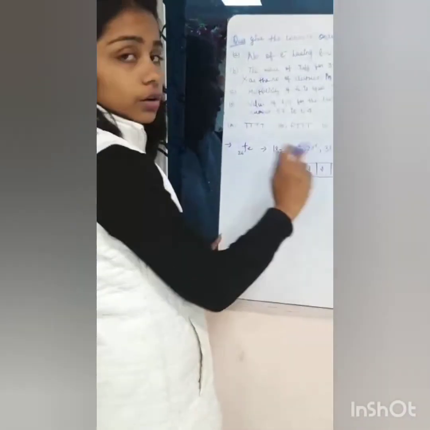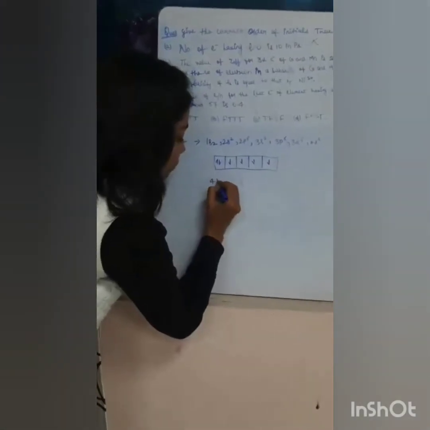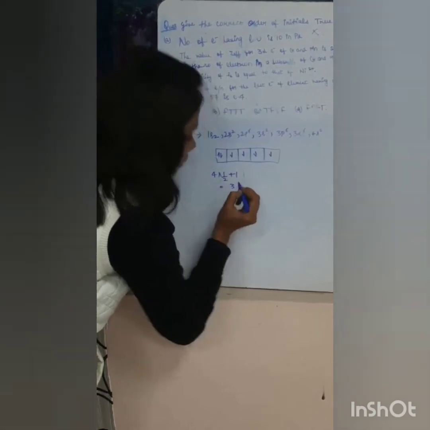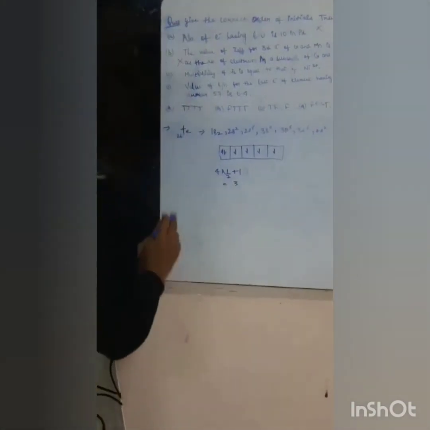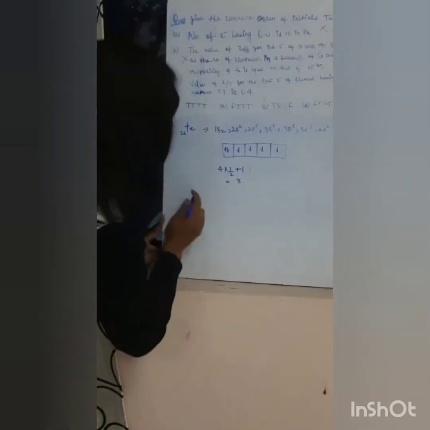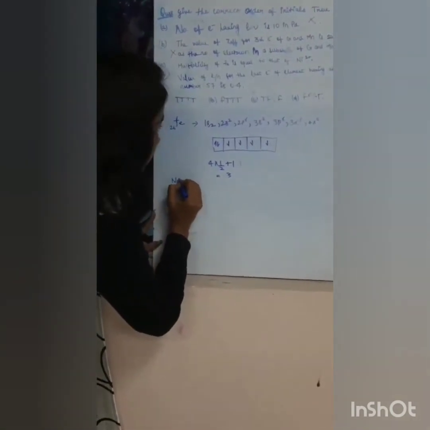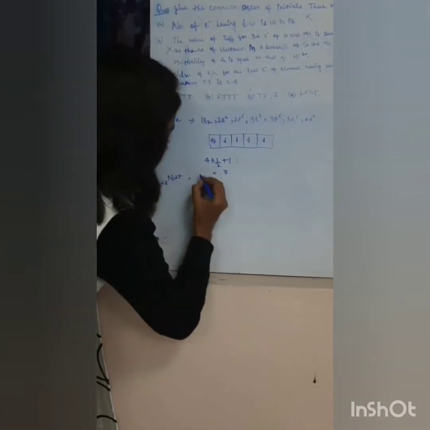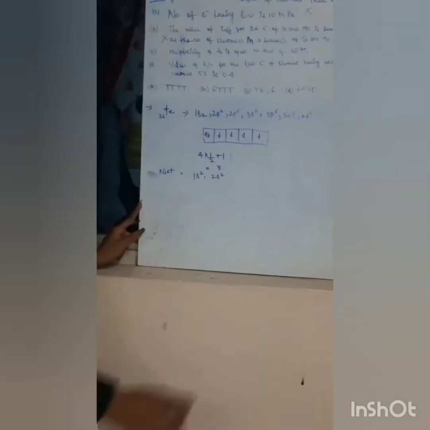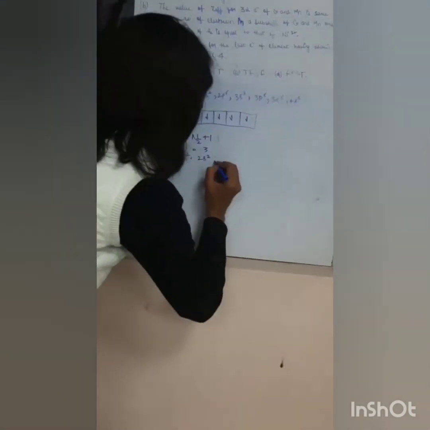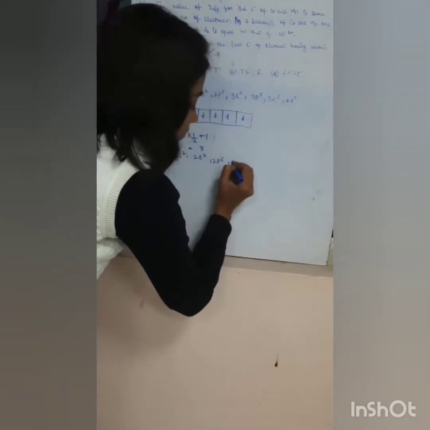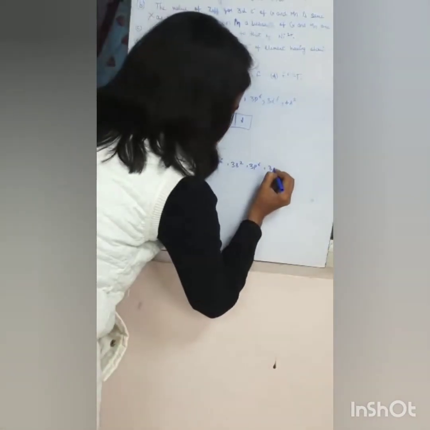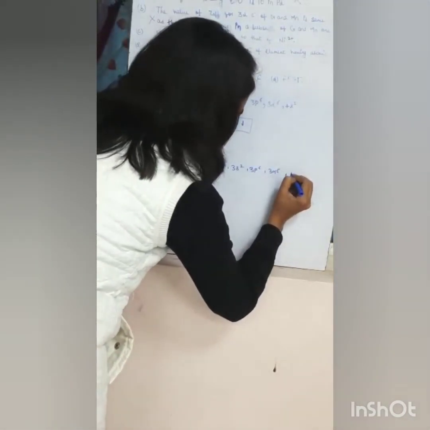The number of unpaired electrons is 4, so 4 into half plus 1 equals 5. Similarly, the electronic configuration of Ni2+ will be 1s2, 2s2, 2p6, 3s2, 3p6, 3d8 and 4s0.